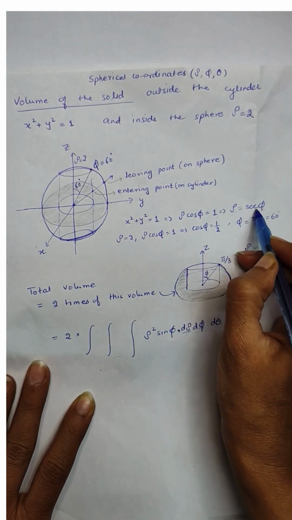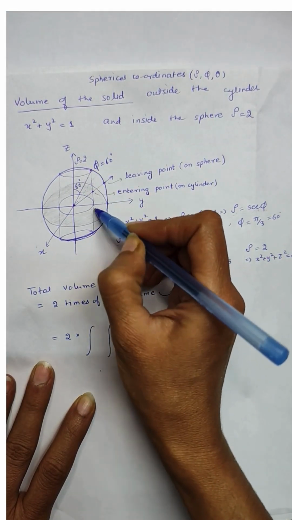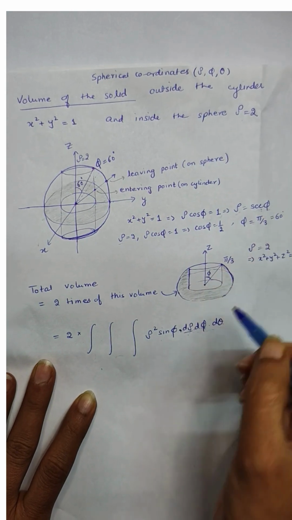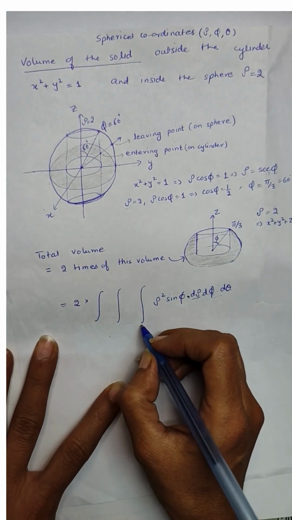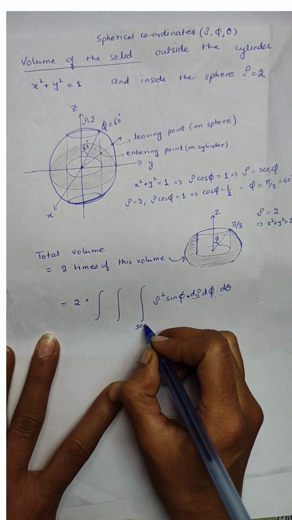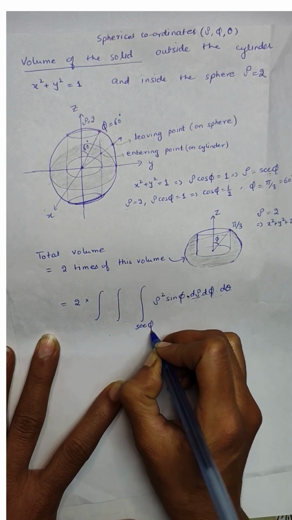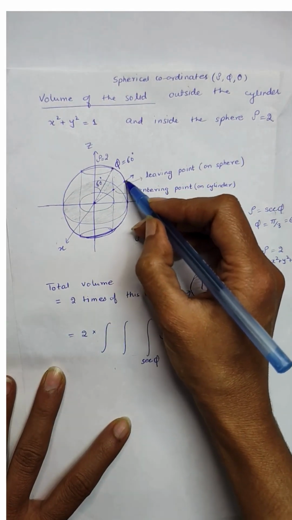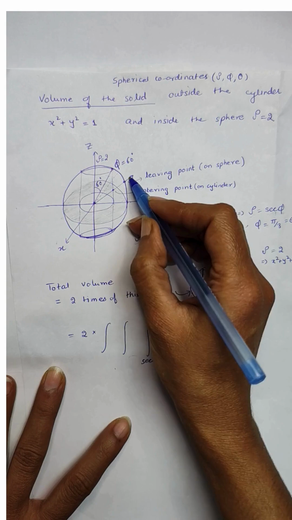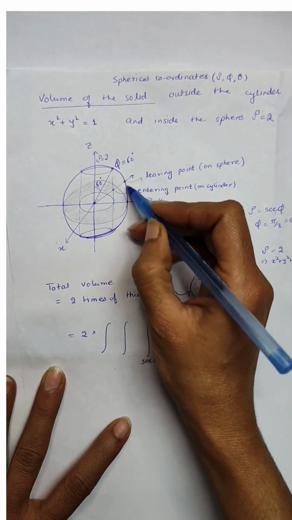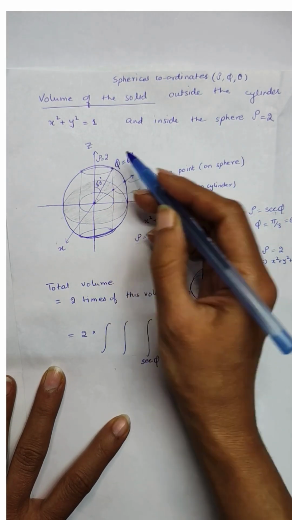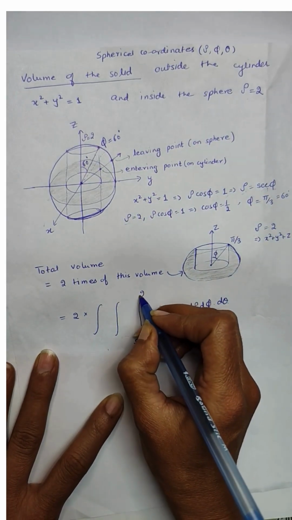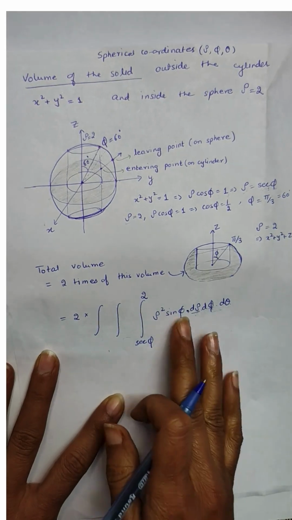So the value of rho along this cylinder is secant phi, and that will be the lower limit of integration for rho. The leaving point for each of these rays is the sphere rho equals 2. So the upper limit with respect to rho will be 2.